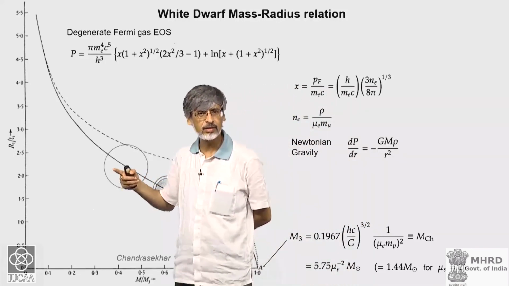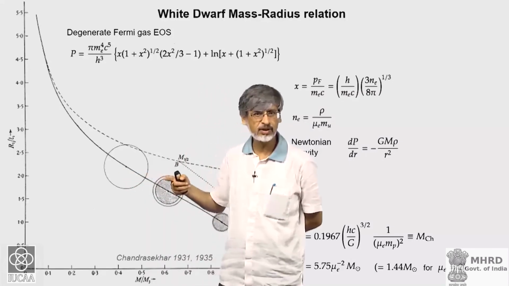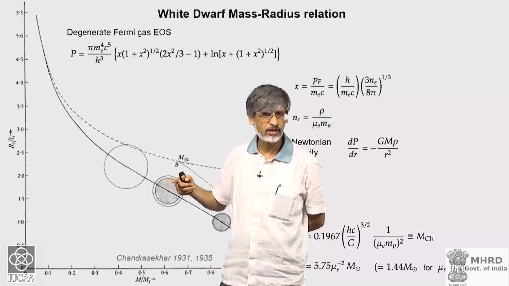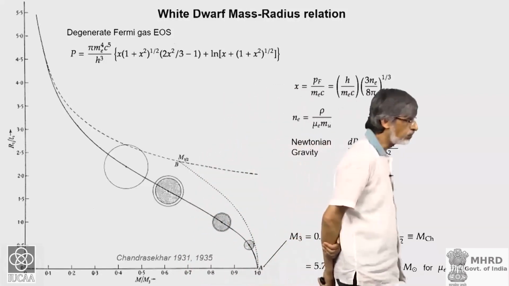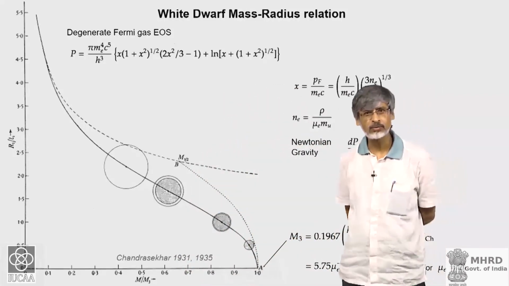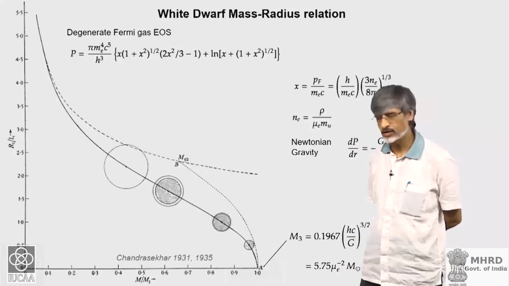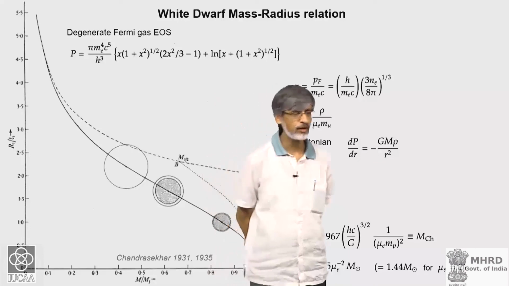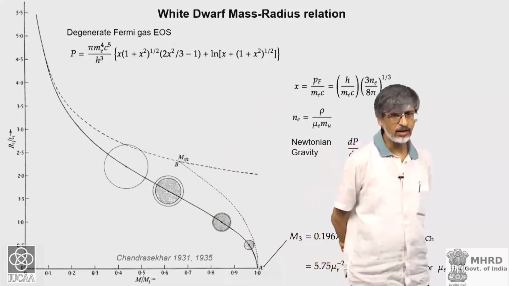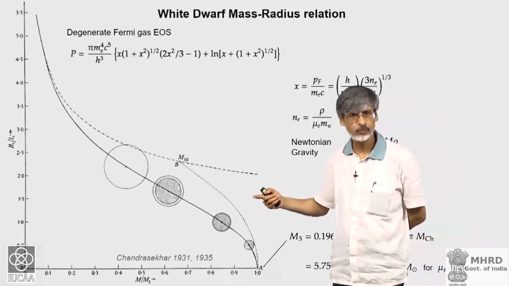and what Chandrasekhar draws in these diagrams in shaded portion are the portion of the white dwarf where the material is relativistic, that is Fermi energy is larger than the rest energy of the electrons.